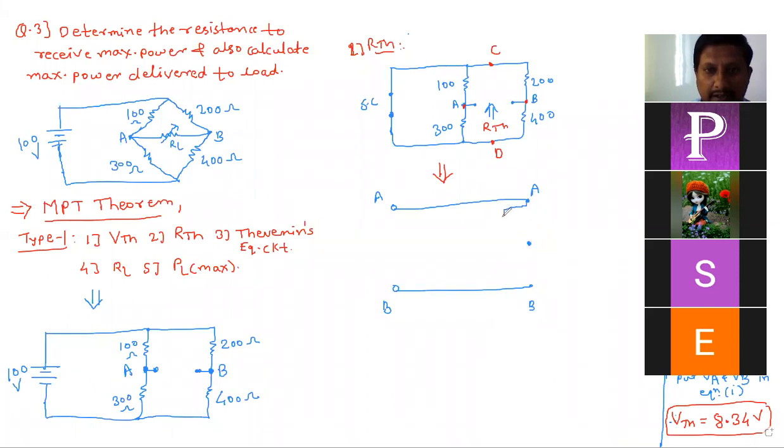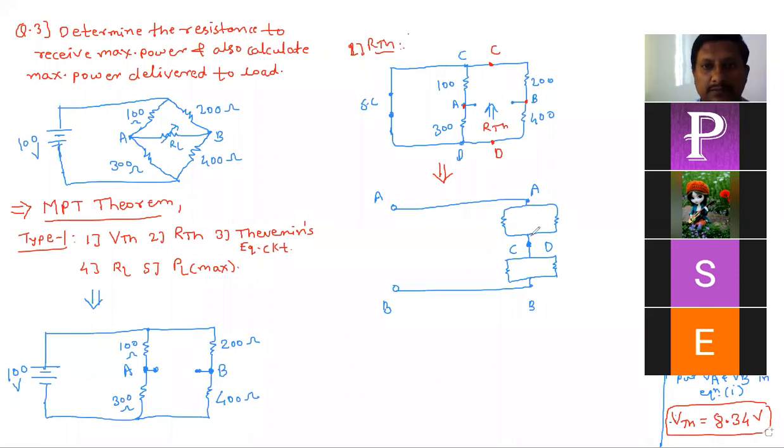So this is the C point, this is the D point. C and D points are the same because they are shorted here. So both are shorted.